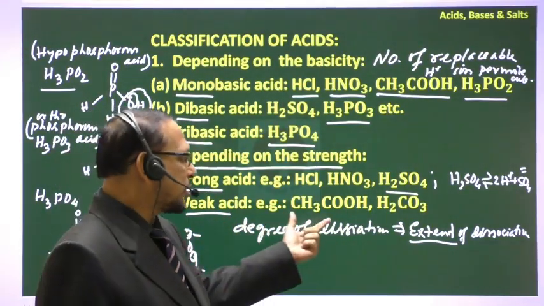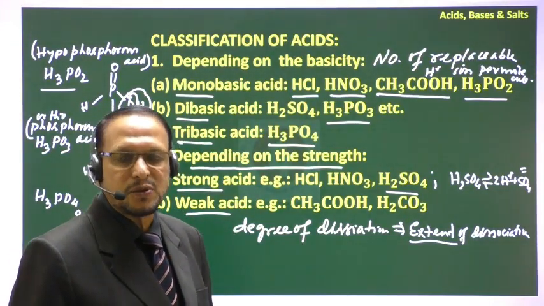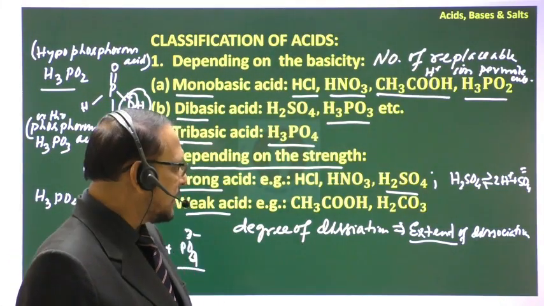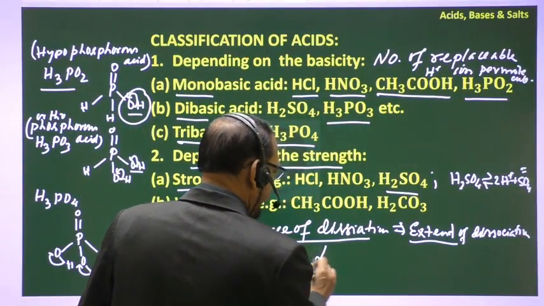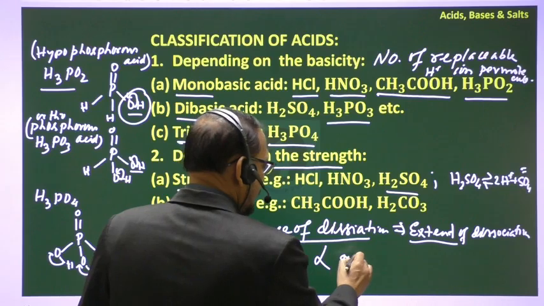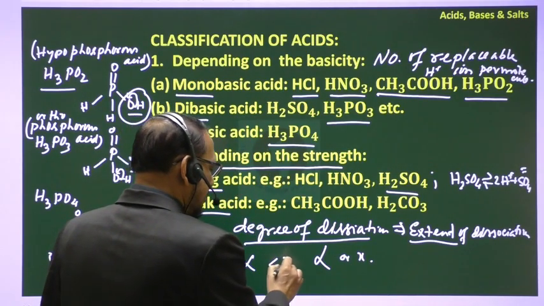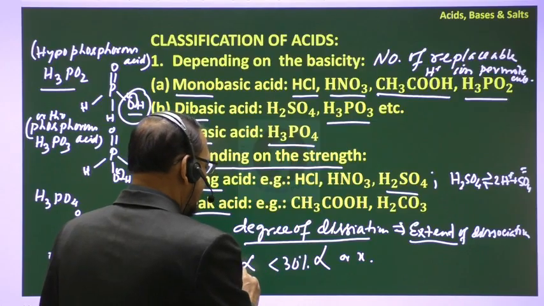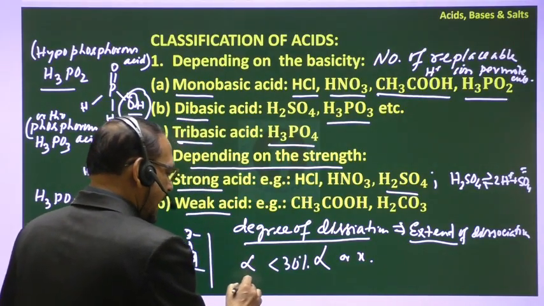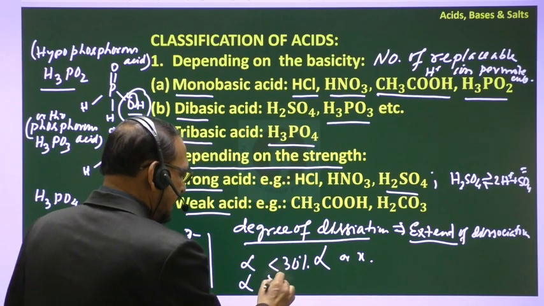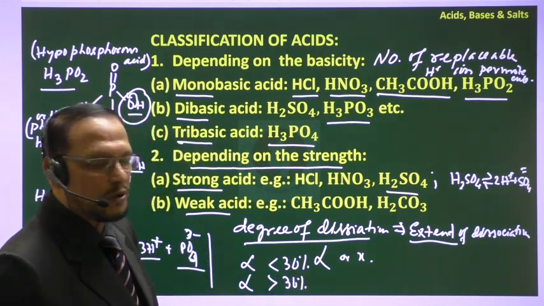Suppose 100 molecules of acetic acid are there, it will dissociate less than 30 molecules. Understand? The degree of dissociation is denoted by alpha or X. If alpha is normally less than 30%, then it is weak. We consider normally in higher classes that if alpha is greater than 30%, then it is strong.